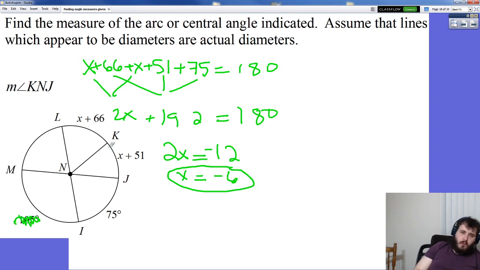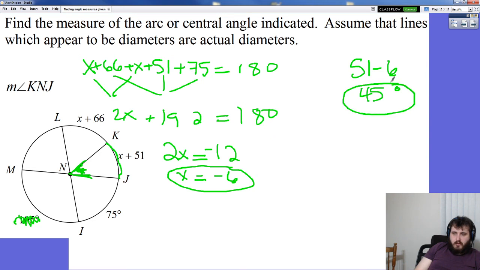But again, we don't want x. We want the arc KJ so that we can find the angle KNJ, right? This is our goal in here. That's our goal. So we got to find that. So let's figure out what this is. 51 and negative 6. 45, right? 51 minus 6. 45. So our answer here is 45 degrees. And there we go.